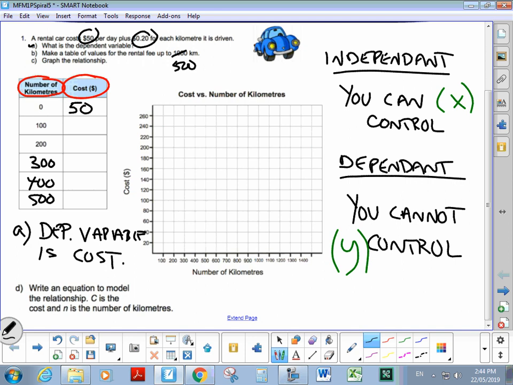Now I have to pay 20 cents for each kilometer, so that means 0.2 times 100. 100 times 0.2 gives you 20, but you had to pay that $50 originally, so every time we're going to increase by $20. It's 50 plus 20, which means it's 70.